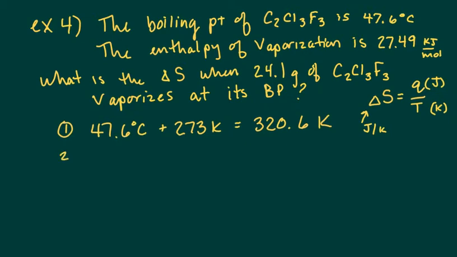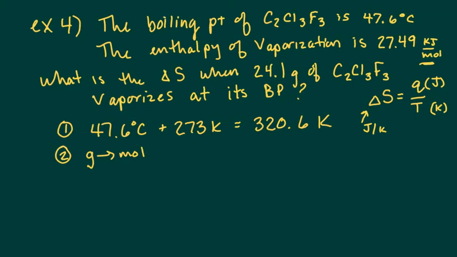All right, let me continue then. Our second step is going to be going from grams to moles, and I'll tell you why. We're given our enthalpy of vaporization as 27.49 kilojoules per mole. Ultimately, we want it to be joules. So the first step is going to be to get rid of these moles right here.